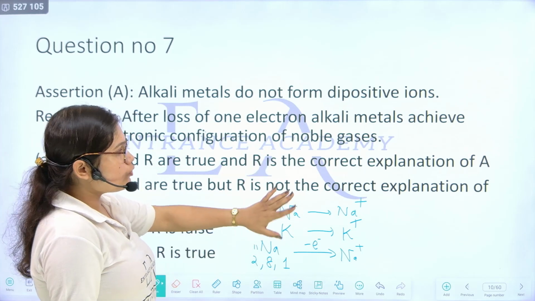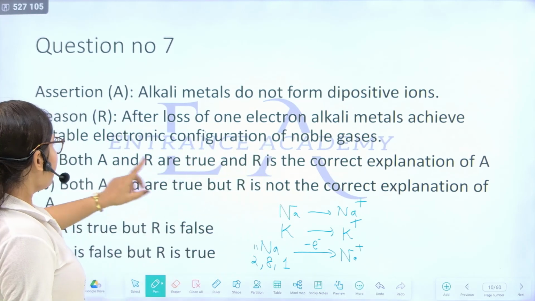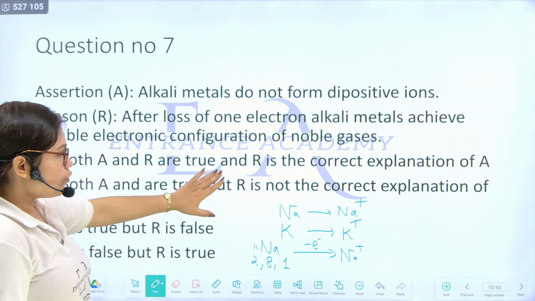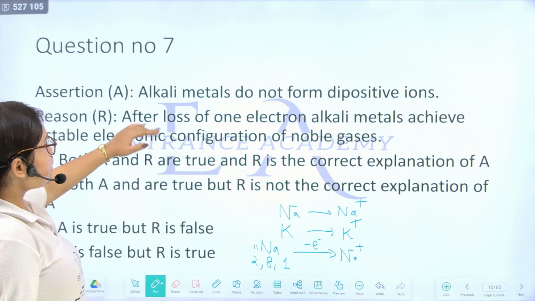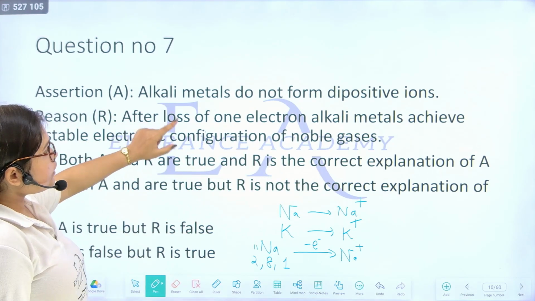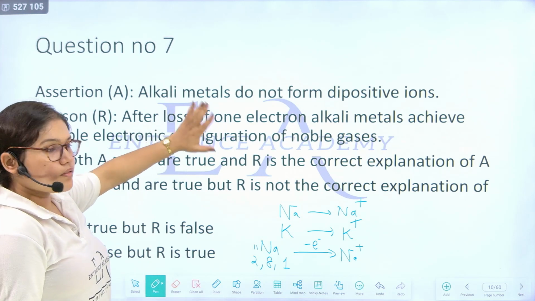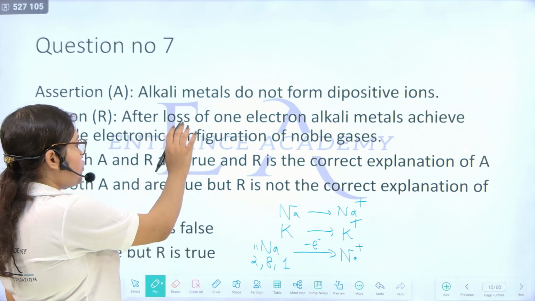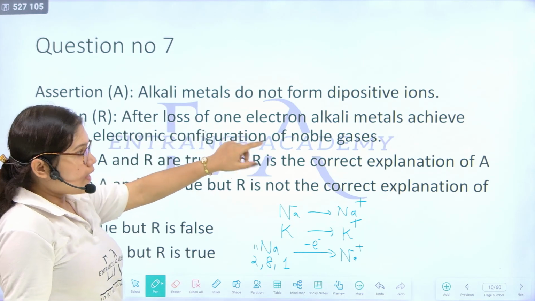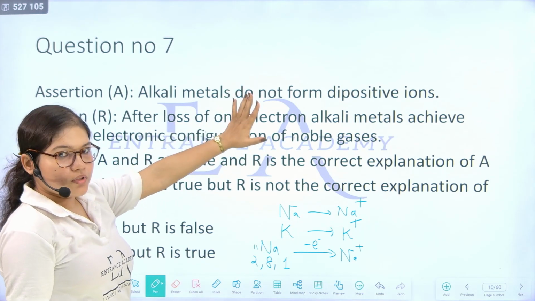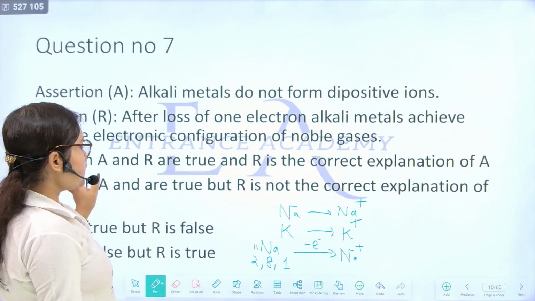So that is also true. The reason is also true. So both A and R are true, and R is the correct explanation of the assertion. So the answer is 1. The statement is true and this is the correct reason for this statement. So option 1 is correct.